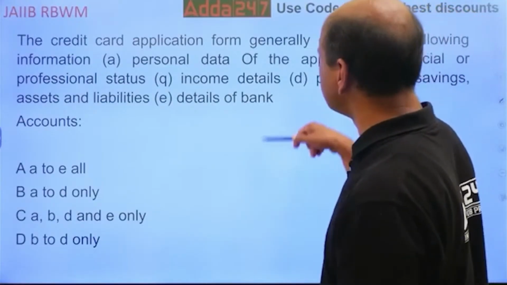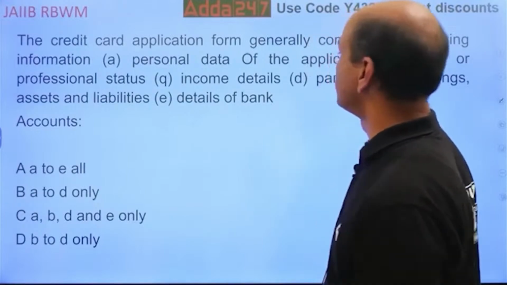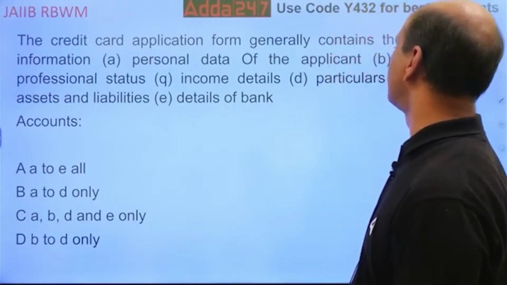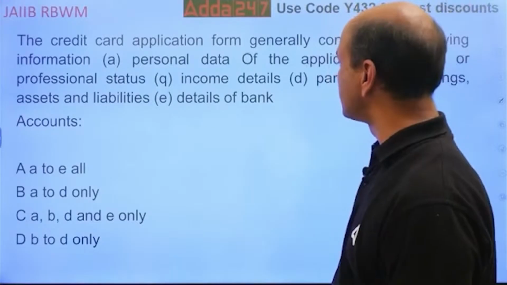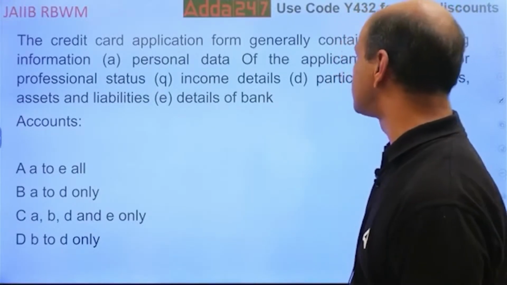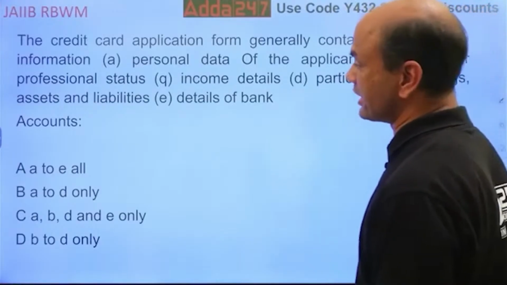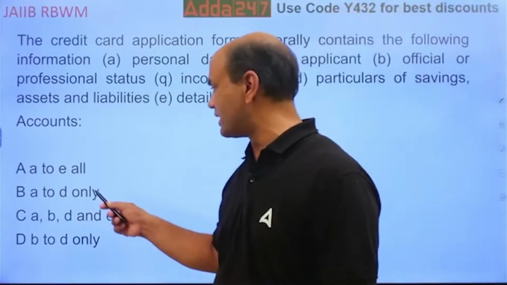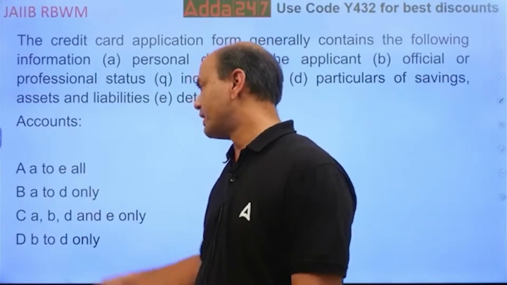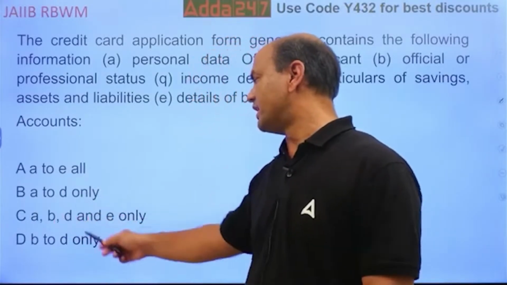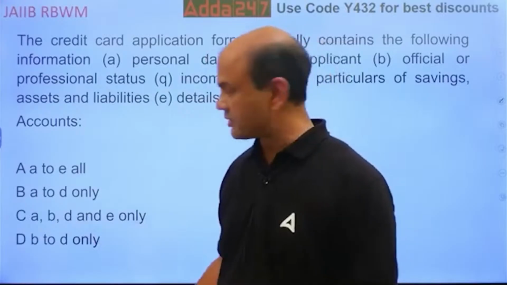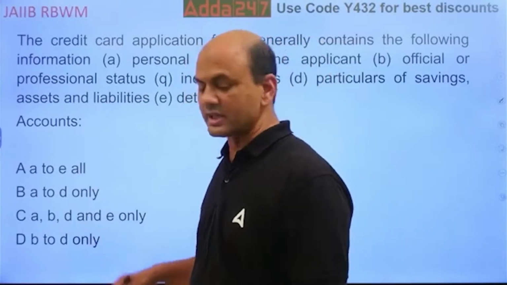Is it A to E all? Is it A to D? A, B, D and E only, or B and D? So what is the answer in this?